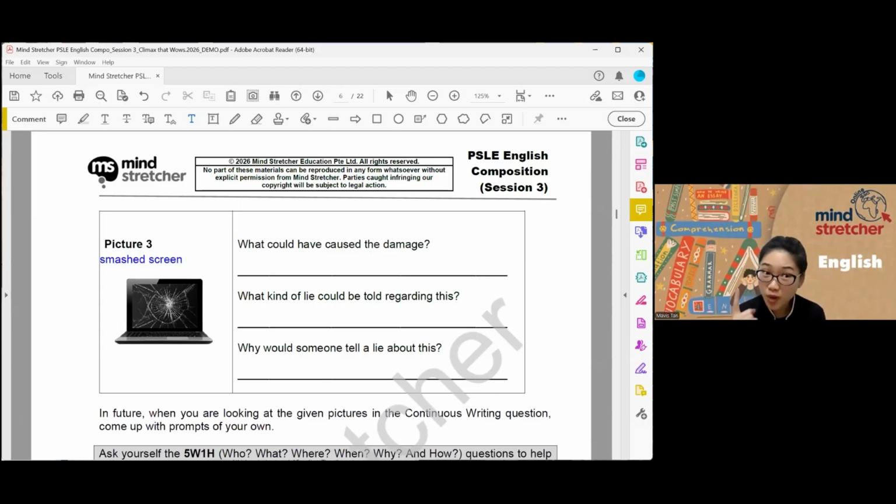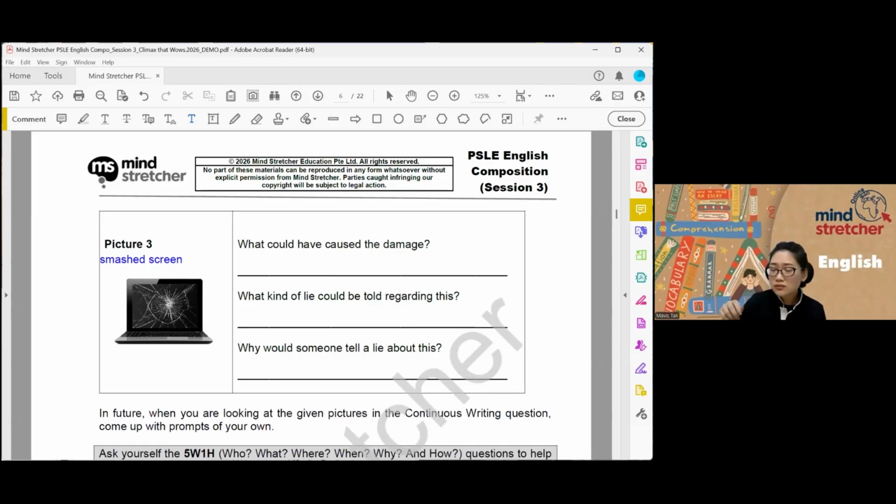It's not easy to spoil a laptop, by the way. Even when you drop your handphone, it takes quite a number of drops to break the screen. A laptop is not so easy to smash. You really need to use something like a hammer or a really heavy object to cause this kind of damage. So what could have caused the damage?